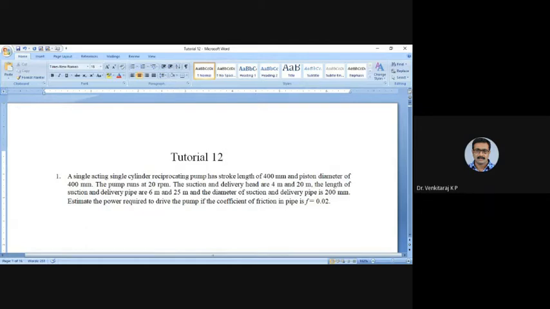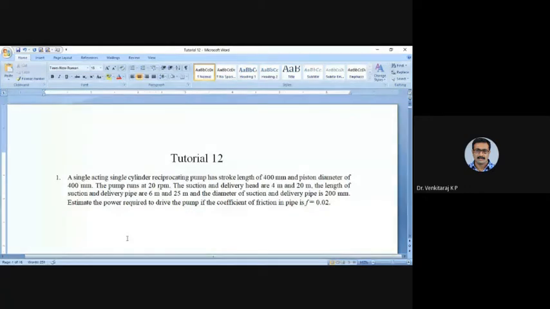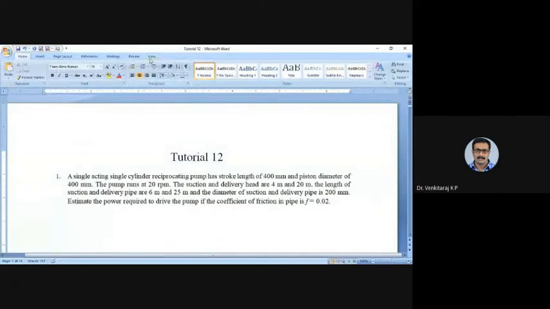So you are asked to determine the theoretical power needed for operating the pump for the given set of inlet exit data of the pump. So let us first of all write down the given data, identify the given data.